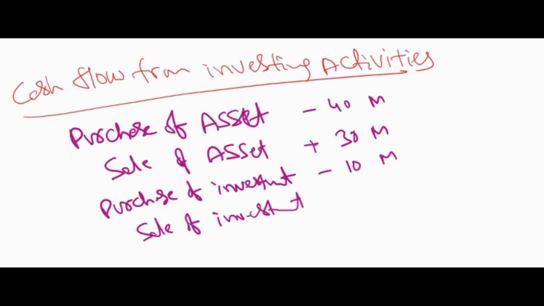If you have sold some investment, you will get the cash, so it is plus, let's say 20 million, right? So now let us look at what is the net value here. Minus 50 and plus 50, it is 0 actually. There is no variation. So this is the value we need to remember that we have generated from investing activities.